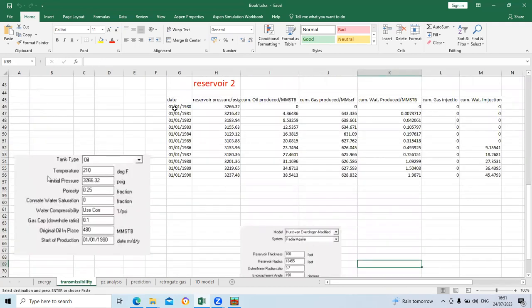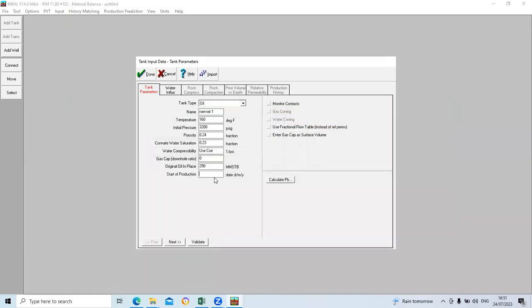Our production starts from the 1st of January 1980. That's the start of our production. Okay, we have now inputted the tank parameters.